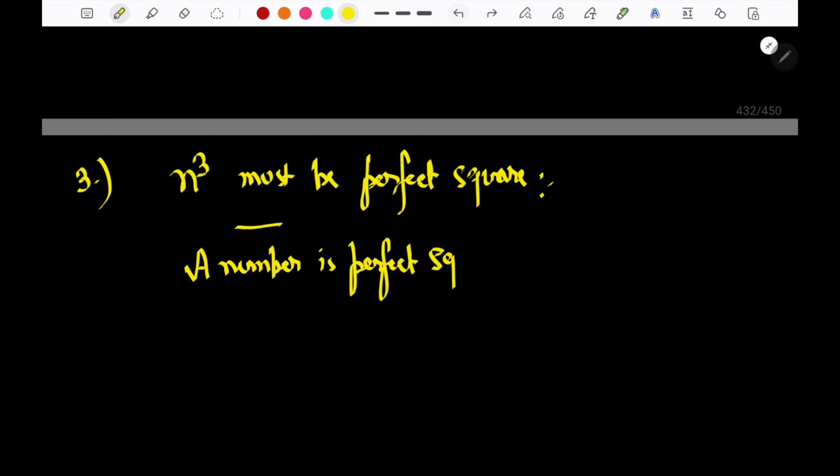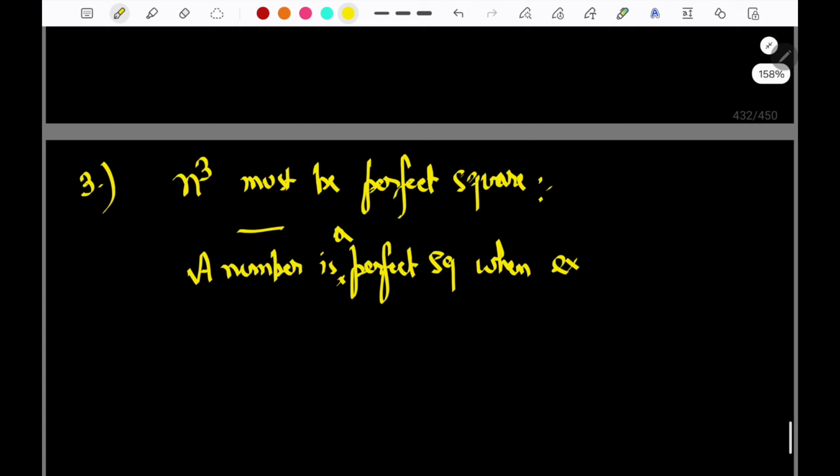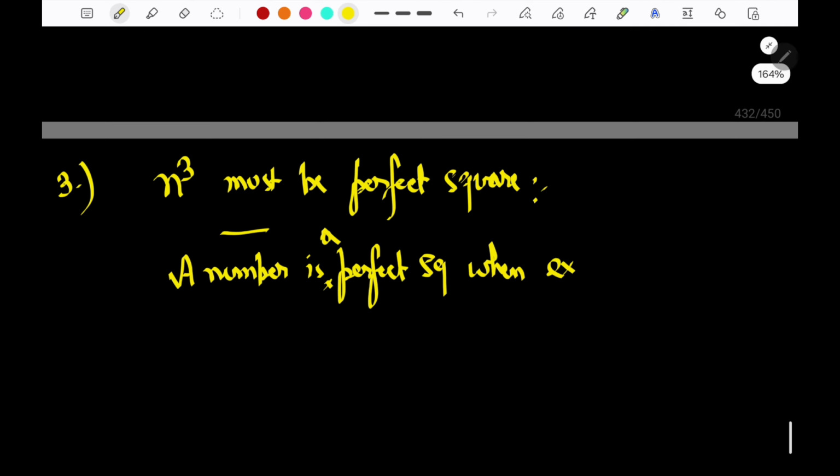A number is a perfect square when its exponents are multiples of 2.